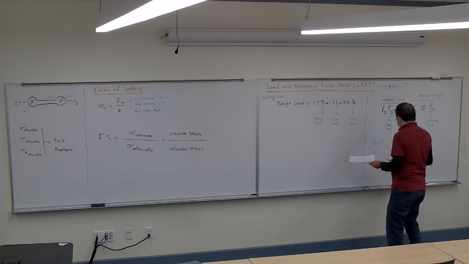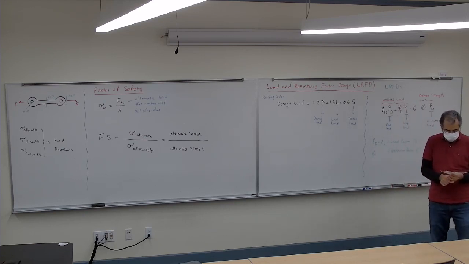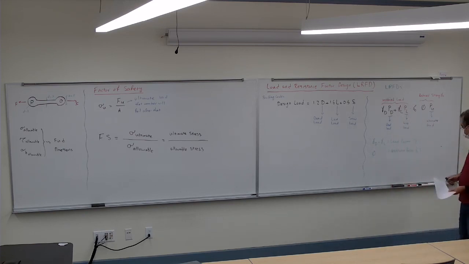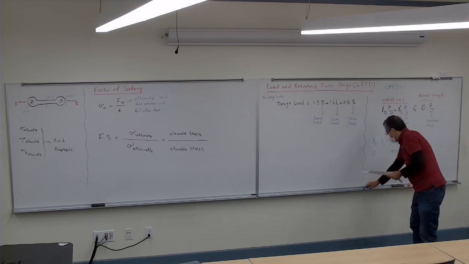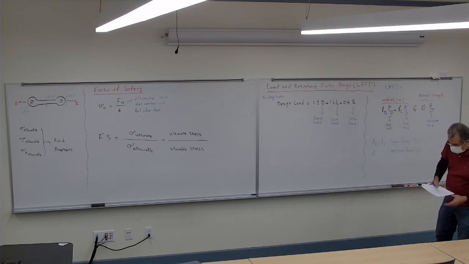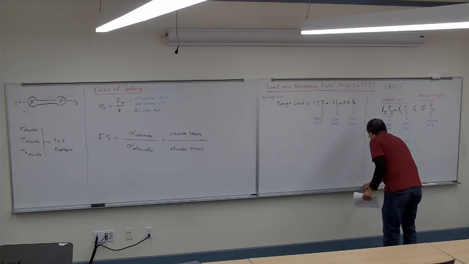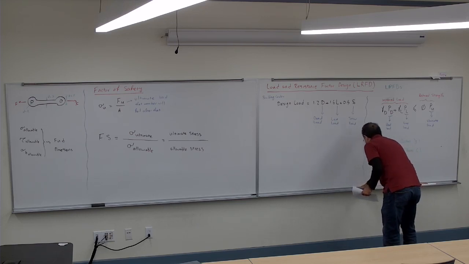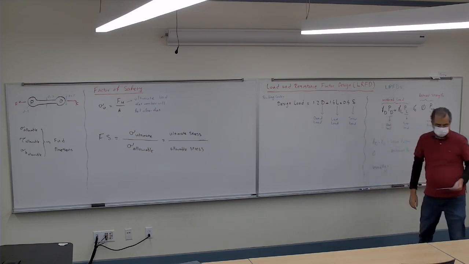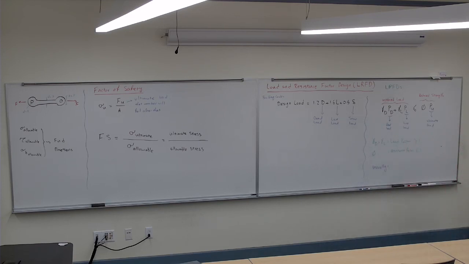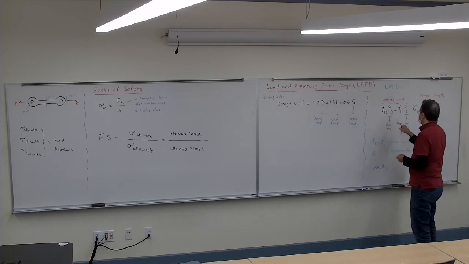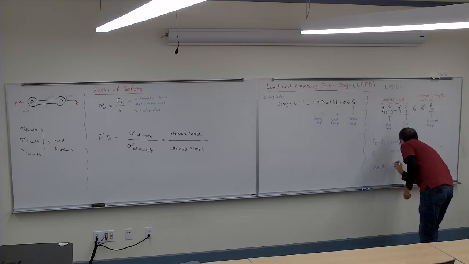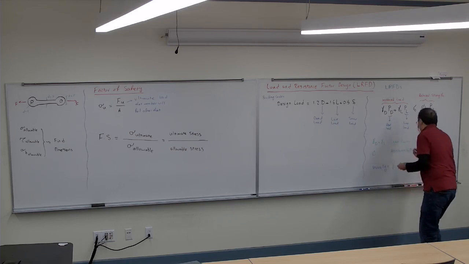And not always, but usually the load factor for the live load, the gamma L, is larger than the gamma D, usually.